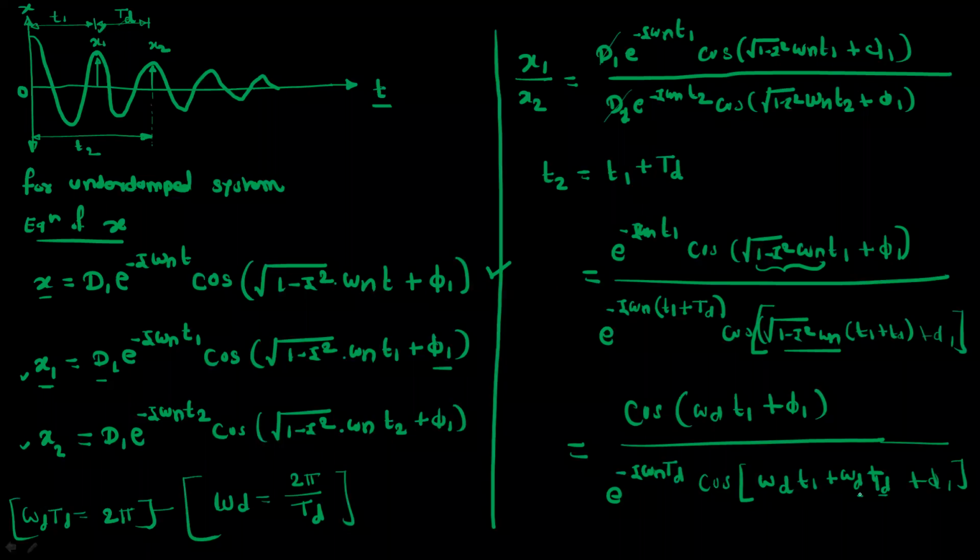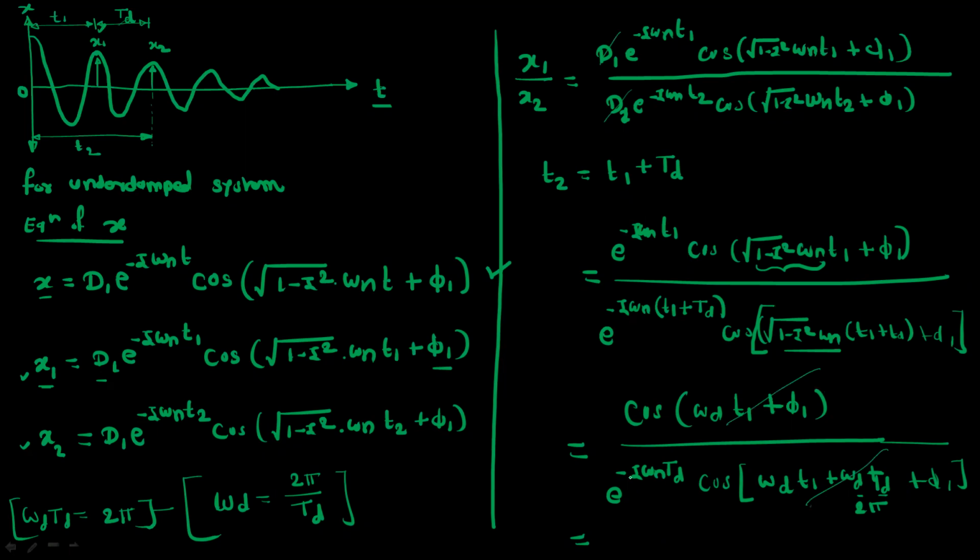So just put here 2 pi. So your equation will be this cos omega d t1 plus phi 1 and this cos omega d t1 plus phi 1 plus 2 pi. So we can cancel out both these terms.